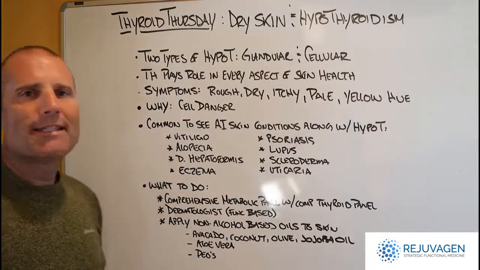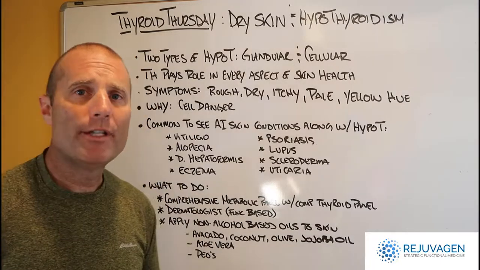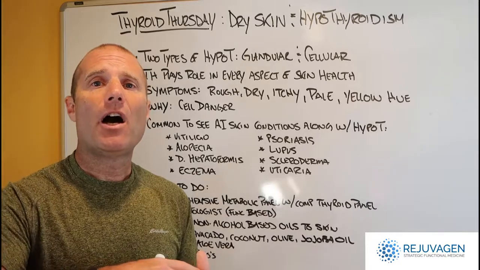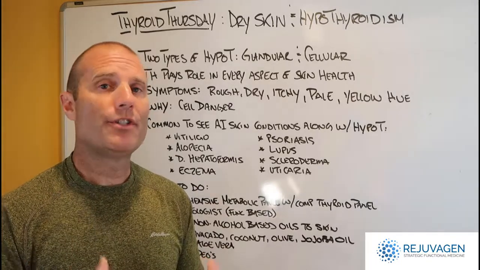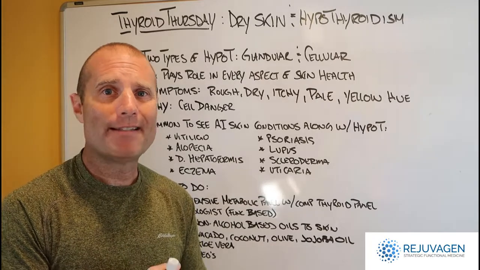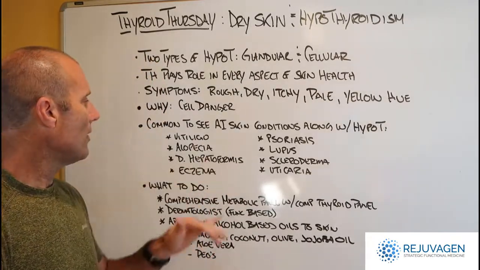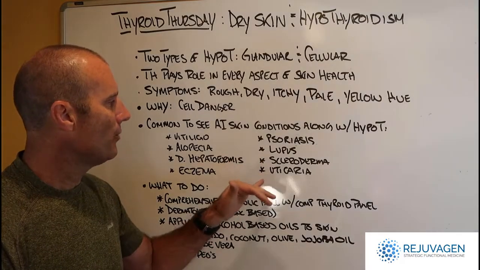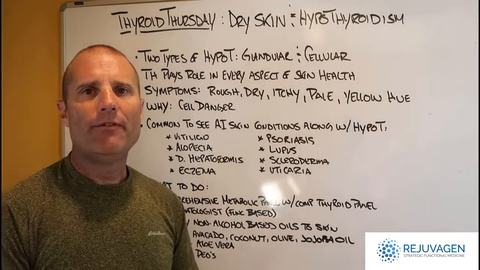So we often see people who have hypothyroidism and have dry skin have other autoimmune disorders, and some of those other autoimmune disorders affect the skin. We can see things like vitiligo, alopecia, dermatitis herpetiformis, eczema, psoriasis, lupus, scleroderma, and even urticaria.